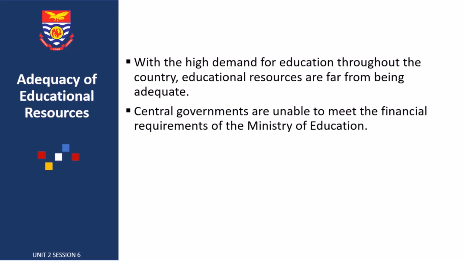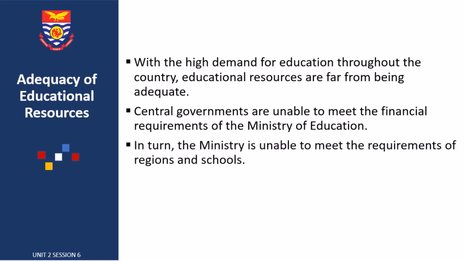And you know it's a chain. Once the central government is unable to meet the financial requirements of the ministry, then the ministry will not be able to meet the financial requirements of the regions. And once the regions are not able to get what they need, the schools will also not get all the things that they require from their regions.